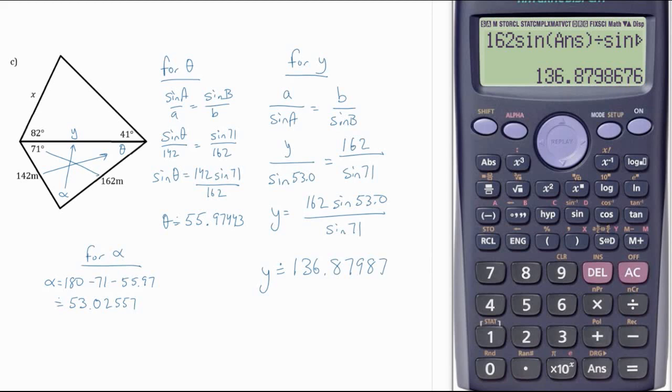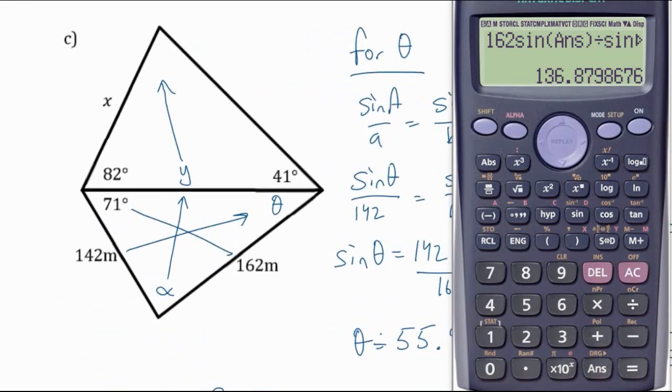And finally, I have a side length in the triangle with the x, and now I can find x. Although before I even do that, it looks like I have to find that angle that I talked about in the very beginning, because I need a side length and an angle across from each other.